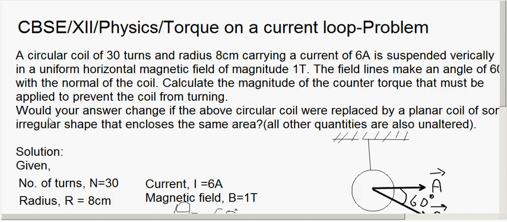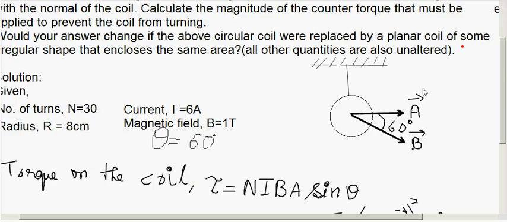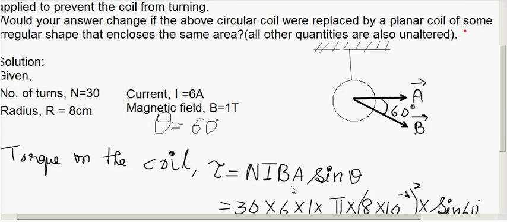First we'll read that. Would your answer change if the above circular coil were replaced by a planar coil of some irregular shape that encloses the same area? All other quantities are also unaltered. Now see, in this case the torque is given by NIBA sin theta. Now you are replacing this circular coil by another coil of irregular shape but maintaining the area same.